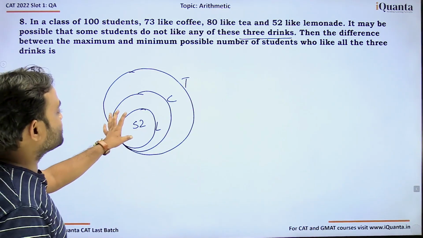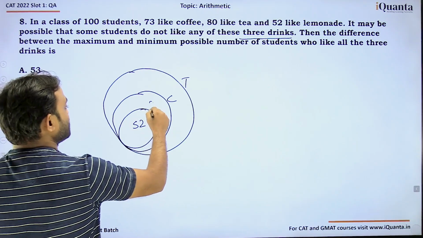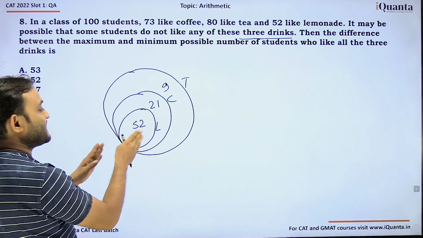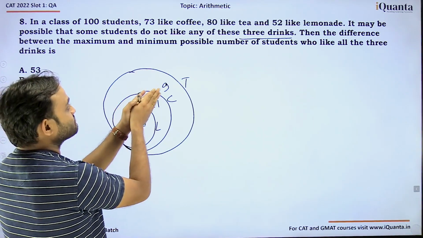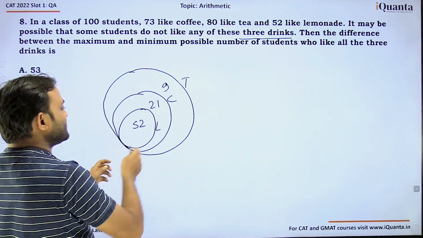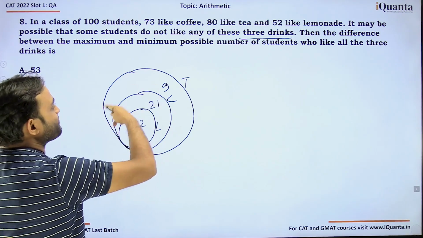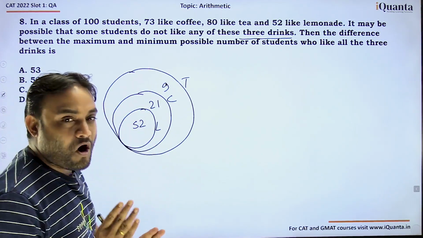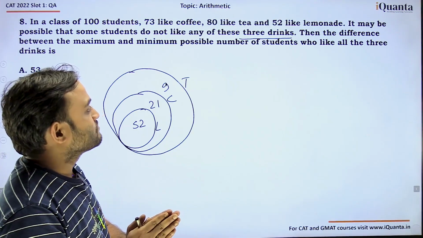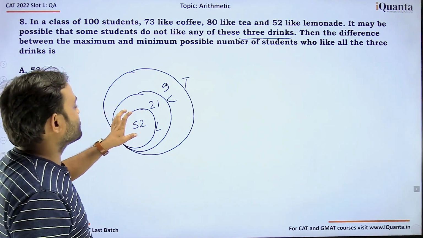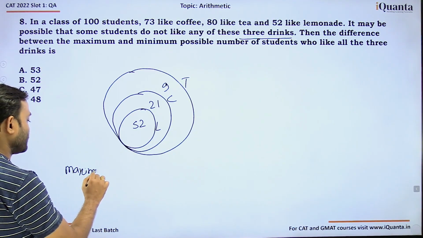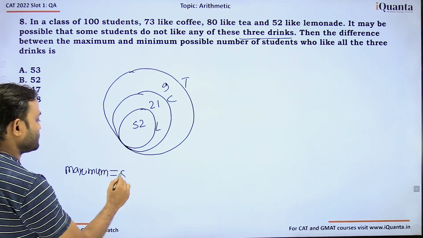So this is possible, right? This is possible that these 52% like lemonade, coffee and tea. Then these 73% like coffee, and there are 80% who like tea. So the maximum common part that we can take is 52. Can we say the maximum value that we got here is 52?